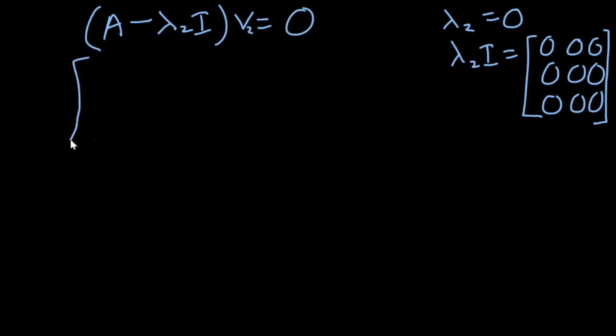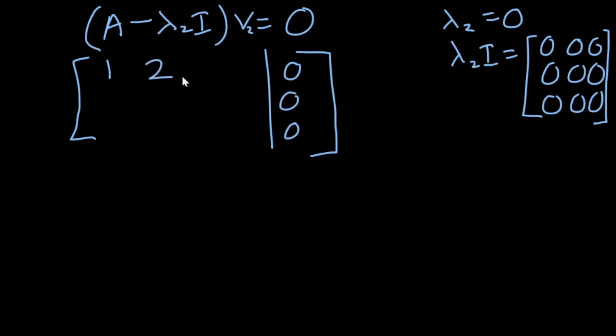This would be matrix A, which is 1, 2, 1, 0, 1, 0, and 1, 3, 1.